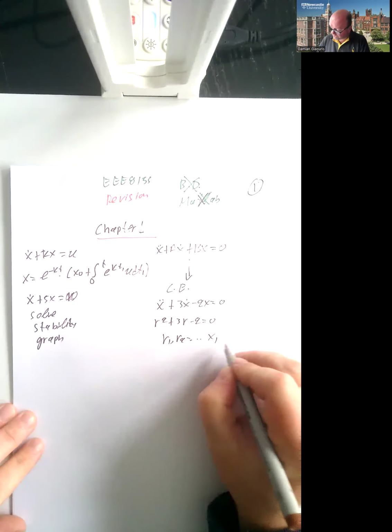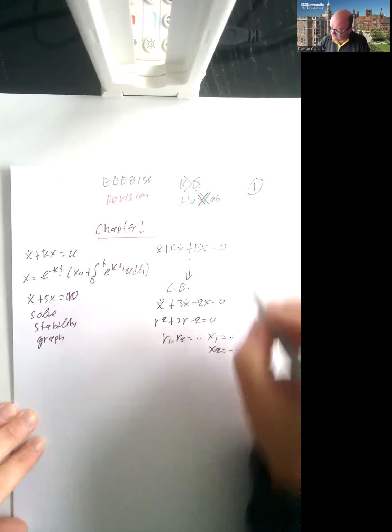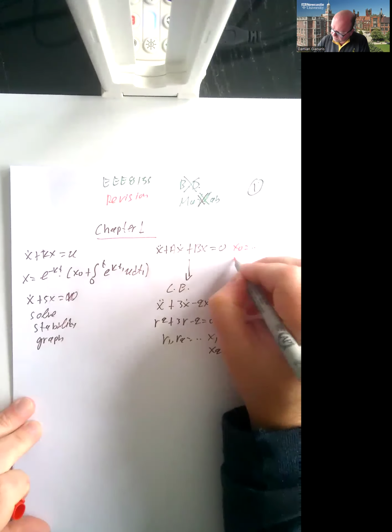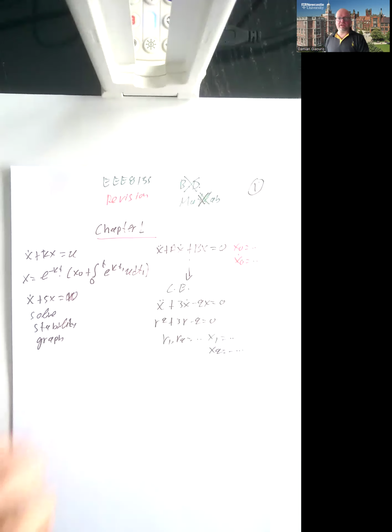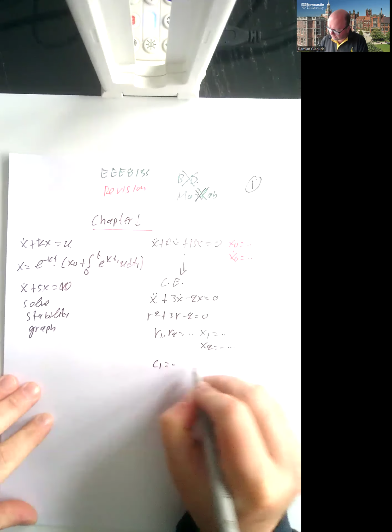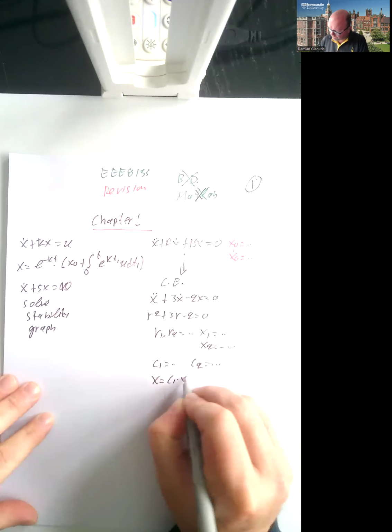Find the two solutions, x1 and x2, and then using the initial conditions, say x naught equals something, x dot naught equals something else, for you to find C1 and C2, and hence the specific solution.